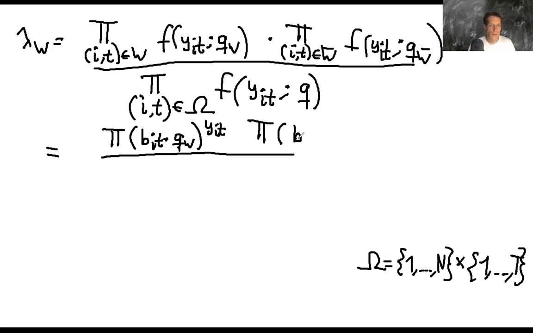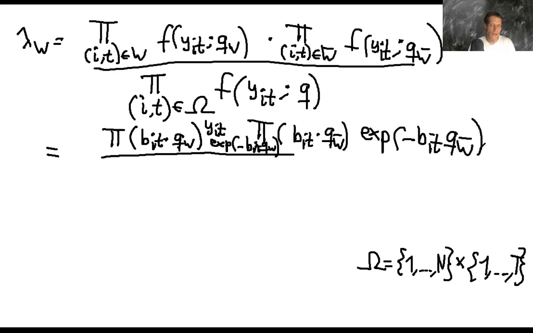So that would be the bit times qw, like this. And then I realized that I forgot the x minus bit qw. Sorry for the mess. And here I would have exp minus bit qw bar, like this, right?